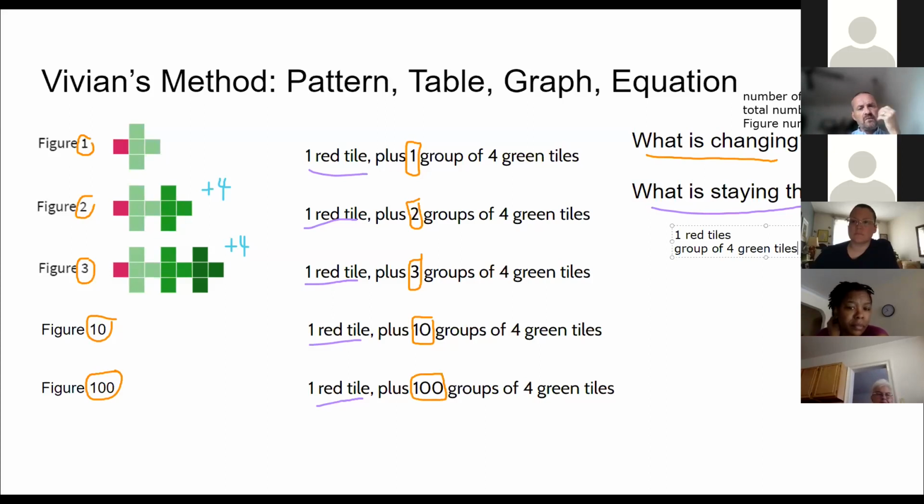Because every time, for example, in figure 1, there's 4 green tiles, right? So in the second figure, we add another 4 green tiles. And then the third one, we add an extra 4 tiles so we can continue. So we keep on adding 4 tiles all the time at the end. So they increase it.